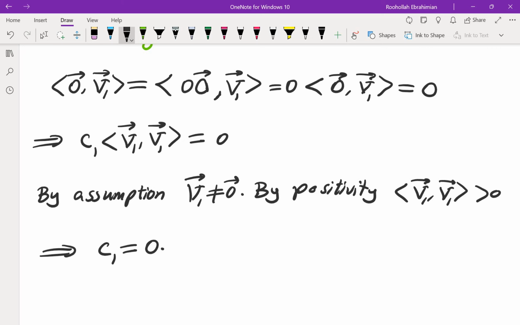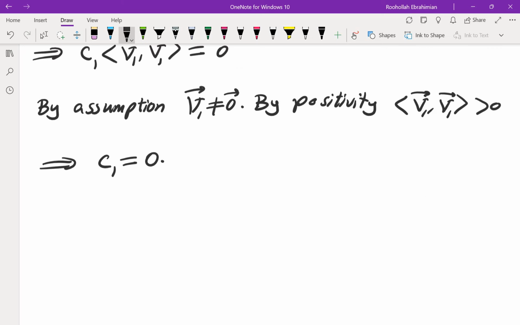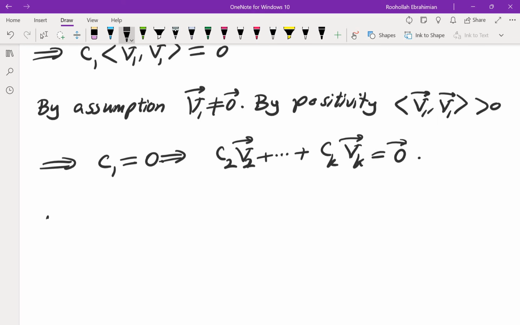So now we got that c1 must be 0. Now that means c2v2 all the way to ckvk is 0. And once you have that, you can either repeat the argument, or better yet, you can use induction. I will let you do this one, but that's the main idea.